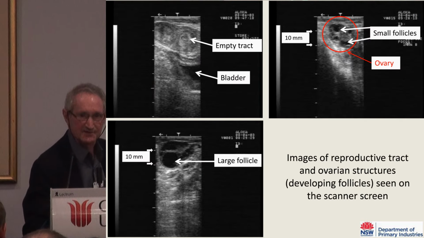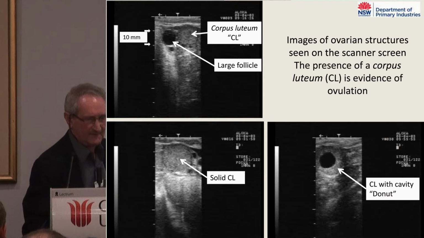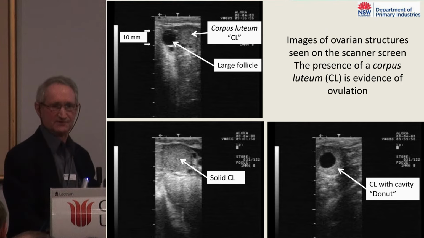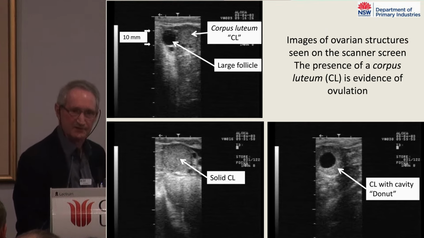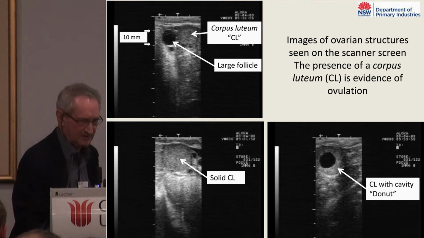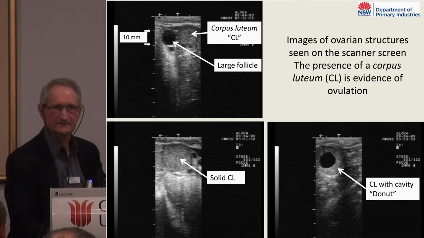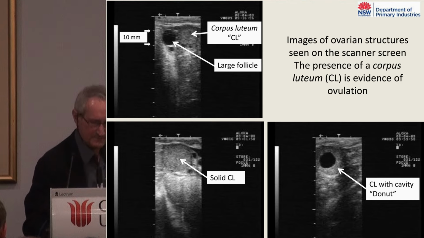These are getting to the stage where they're potentially going to ovulate. And this is what we're after, this corpus luteum. That's the evidence that the animal has actually ovulated. They appear as different types. There's a solid one here, and this is the one we call a donut. It really jumps out at you when you see them.